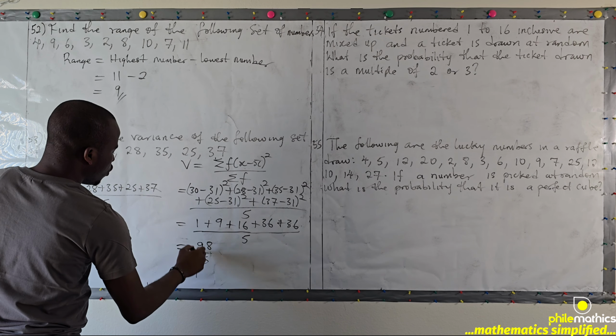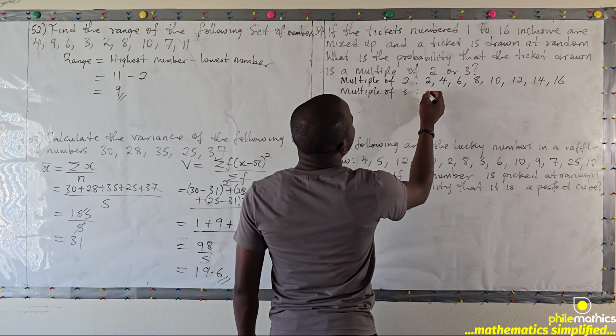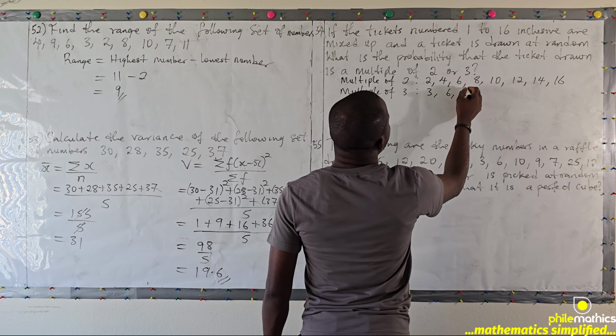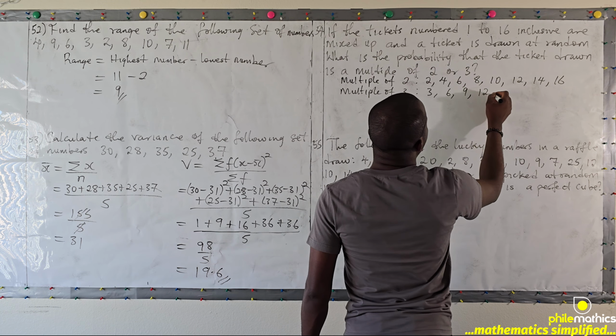Let's roll out the multiples of 2: 2, 4, 6, 8, 10, 12, 14, 16. Since it's 1 and 16 inclusive, multiples of 3 are 3, 6, 9, 12, 15.